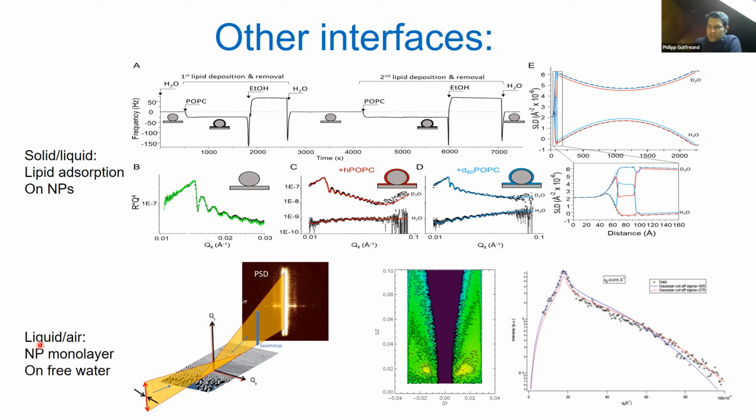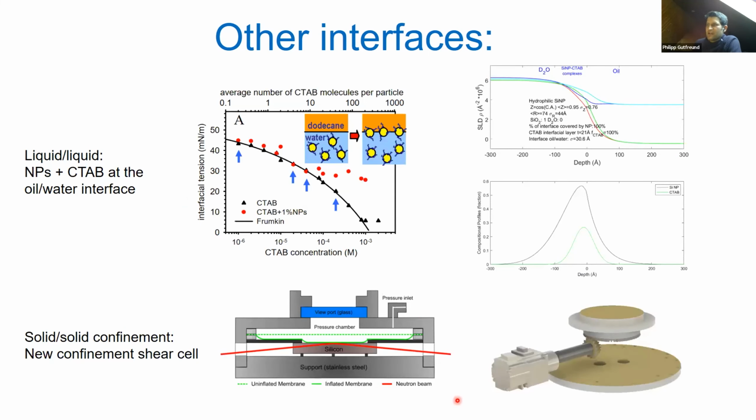We can also do this at the liquid air interface, so nanoparticles on a liquid surface, on a liquid water surface, and see the interparticle distance and the size of the particles sticking out of water at the liquid air interface.